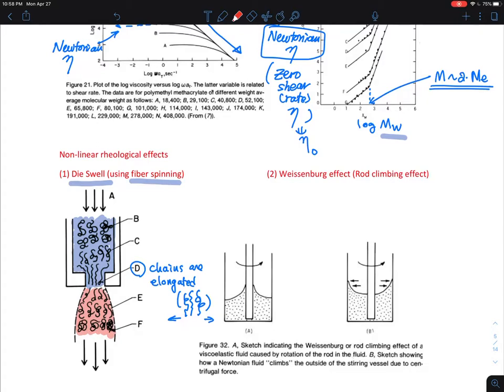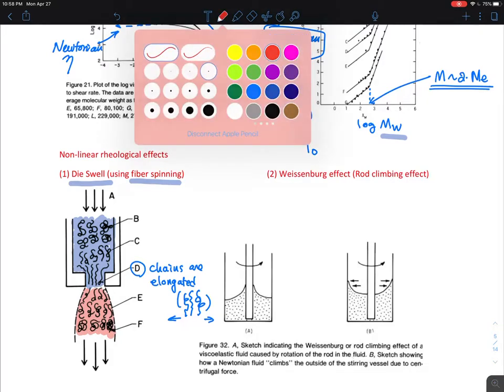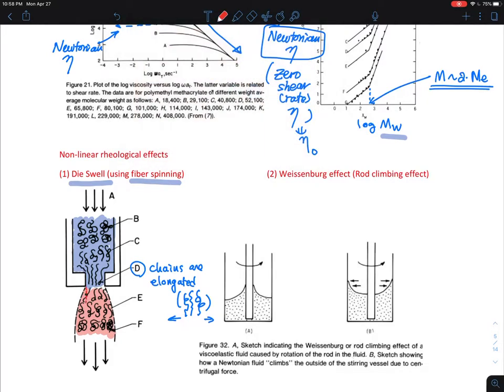Right? And then what you can do is, okay, I know that the diameter of that is essentially the die diameter, right? And then you can measure the fiber diameter, and then this is a swelling ratio.